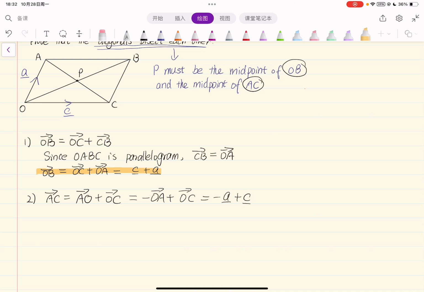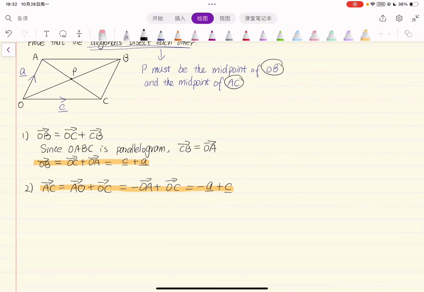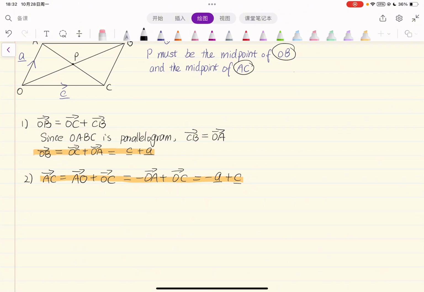So we find the expression of the vector AC. And then we see that the point P lies on both AC and OB, so we can have two expressions of the position vector P.